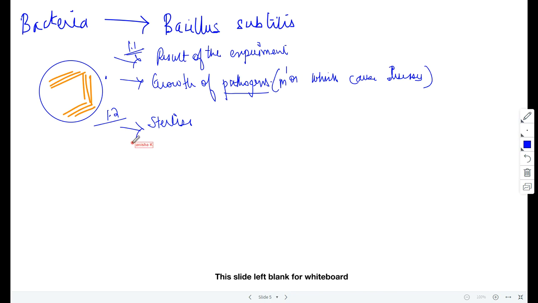Which one? 1.3, right? Important that the plates weren't incubated at 25 degrees Celsius. Why?